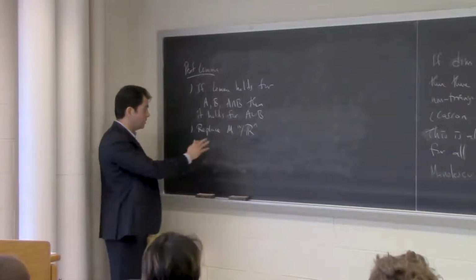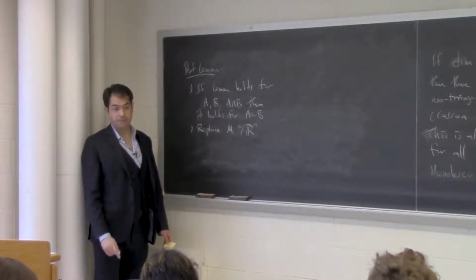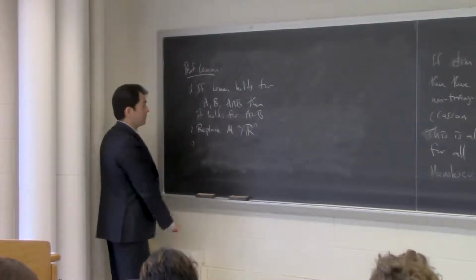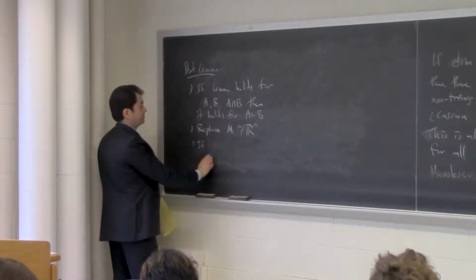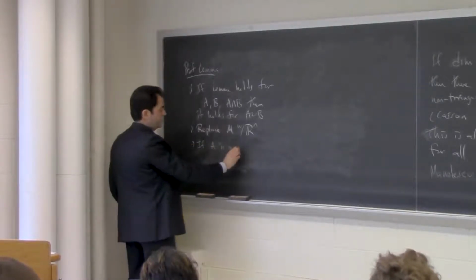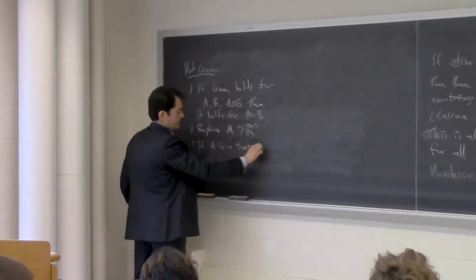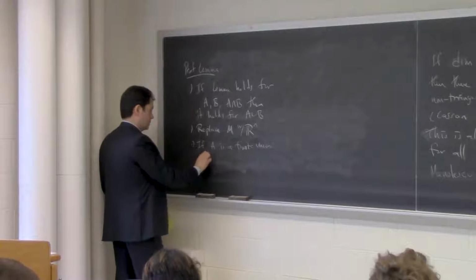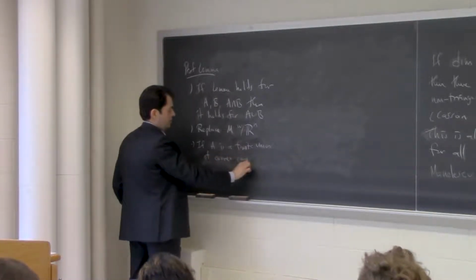Okay, so now let's assume that we are working on R^n, and we want to prove the lemma. So another case is if A is a finite union of convex compact sets.